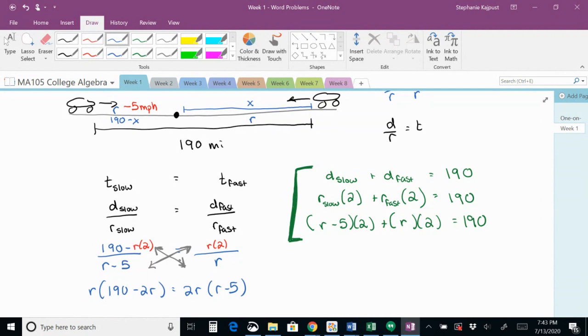So my best suggestion is, if you get yourself into something that looks nasty and you're like, wait, I'm kind of stuck, try, instead of setting them equal to each other, to see if you can set up something with a total and just do the method on the right. Does that help? Yeah, so definitely solvable with the left side, but it's just not going to be as nice.